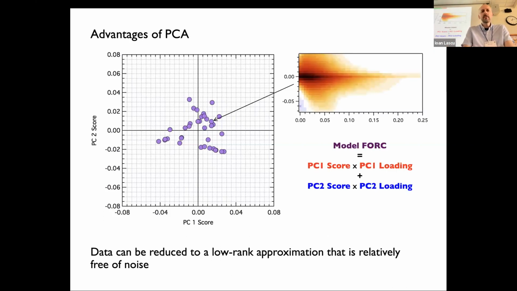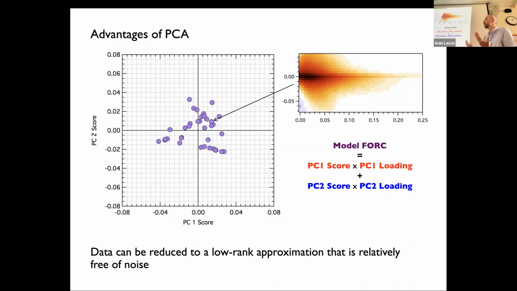But before that, another advantage of PCA is that the data can be reduced to a low rank approximation that is relatively free of noise. So basically for each point, you can reconstruct the FORC. It's not going to be the same as your actual measurement because you're just reconstructing it based on the principal components that you are using in your analysis.